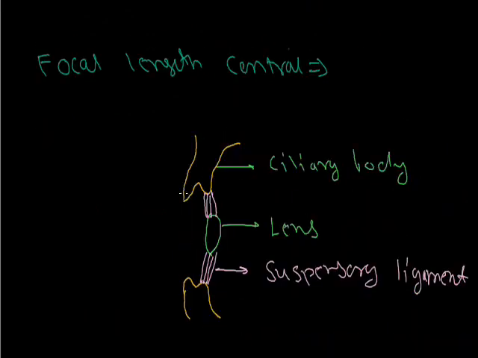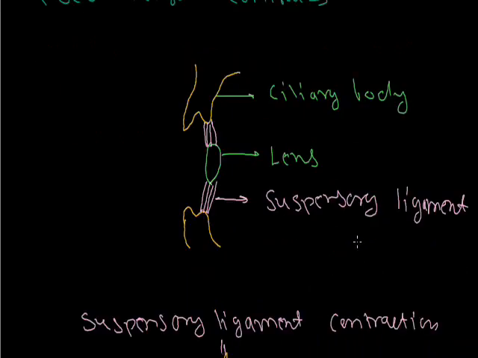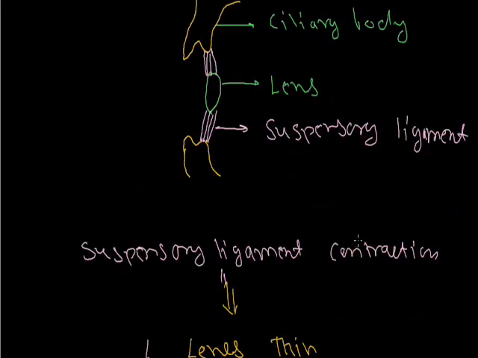Now we will discuss focal length control again. Focal length is controlled by the suspensory ligament, and the suspensory ligament is controlled by the ciliary body muscles. Now let us simplify the structure.